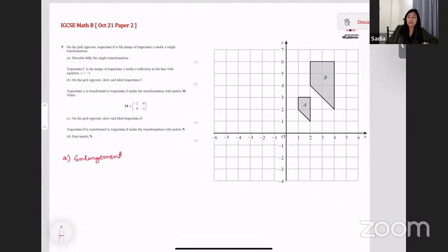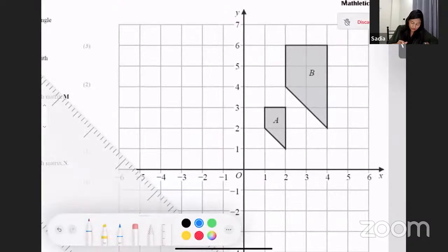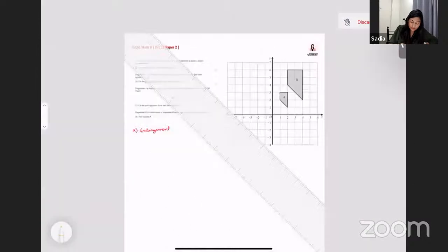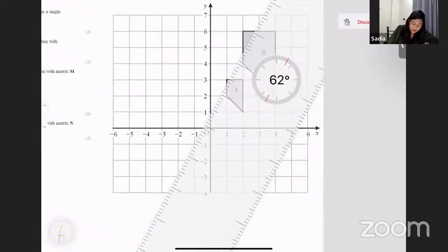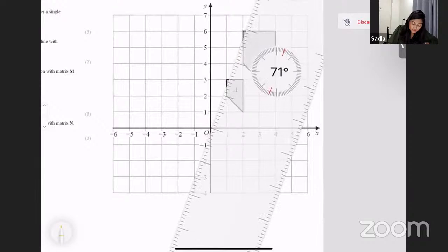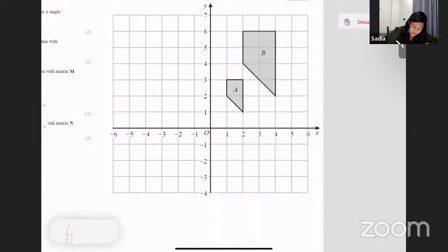Next, you need to mention the center and the scale factor, right? For the center, like I said, you need to join the corresponding points. Let me just join two or three points. You can obviously join all four vertices, but then again, they're not intersecting.